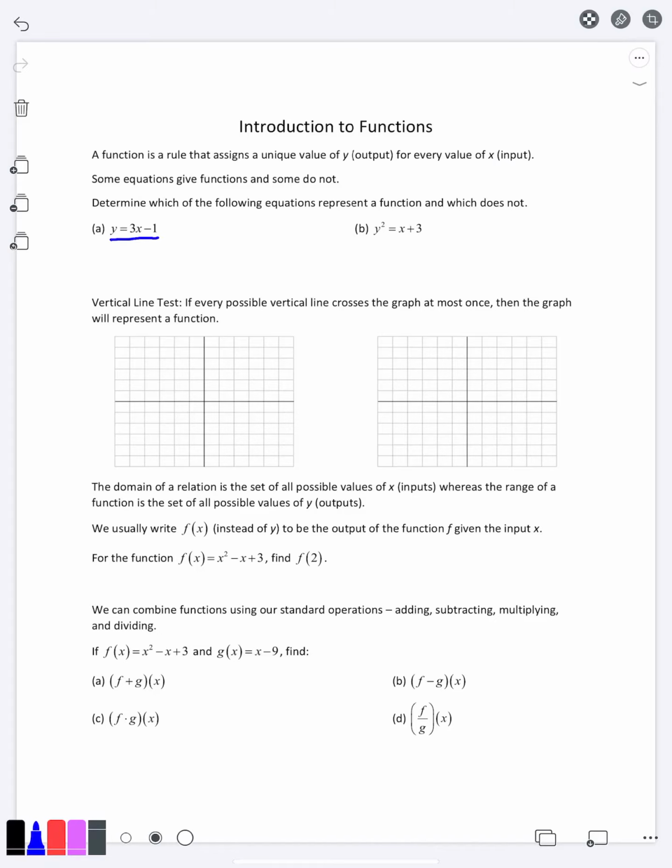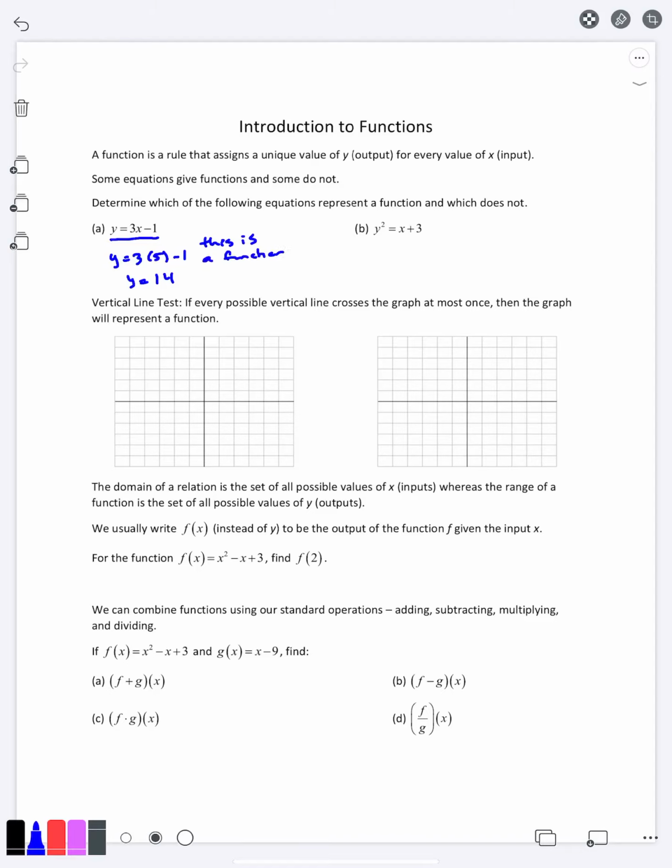If I pick a number for x, let's say x is 5, and I plug it in, then when I solve for y here, I get exactly one y value. So that means that for every input x, there is exactly one unique output y based on x, and that means this is going to be a function. So this is a function.